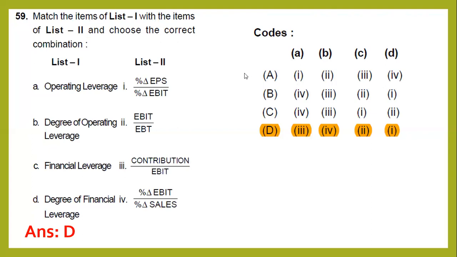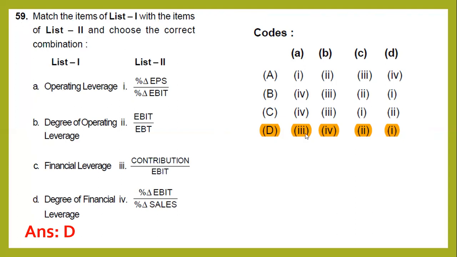Based upon these codes, you have to find out the correct codes. So the answer is D. For A it is 3, for B it is 4, for C it is 2, for D it is 1. So this is how you have to match. Please remember these codes. The correct option for the 59th question is answer D.